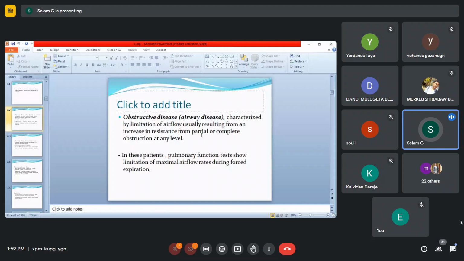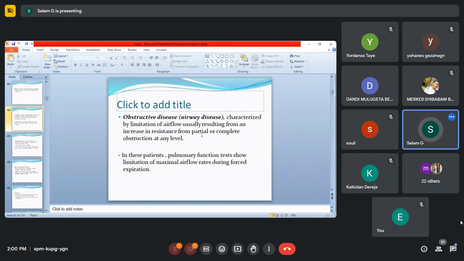When we say obstructive diseases, or in a broad term airway diseases, these are characterized by limitation of airflow, usually resulting from an increase in resistance from the partial or complete obstruction at any level of the airways, starting from the trachea to the bronchus to the terminal bronchi.